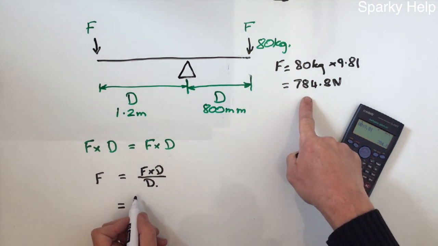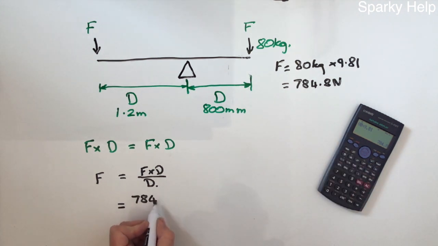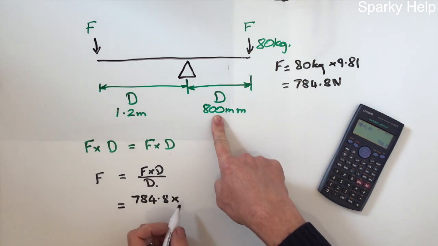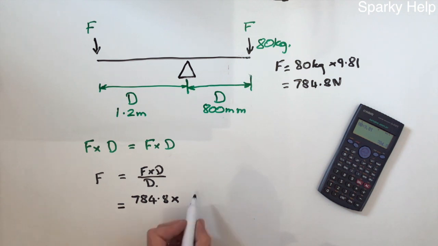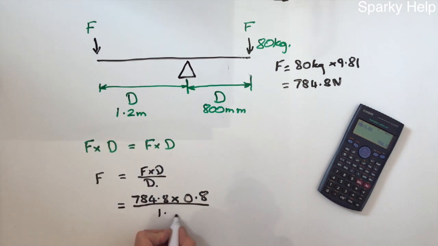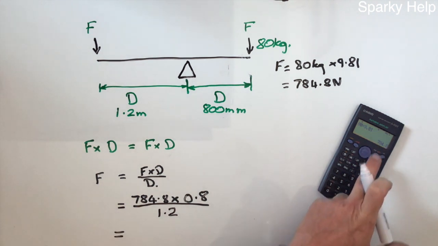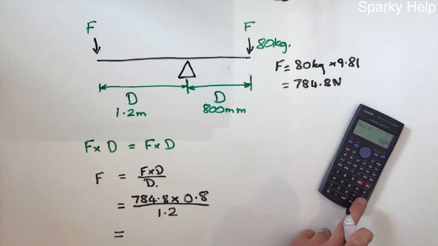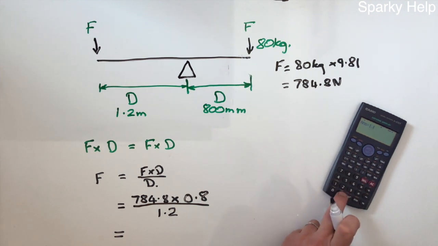So this becomes 784.8 times, and this is in millimetres, so we need to convert it to metres, 0.8, divided by the distance on the opposite side, which already is in metres. So that becomes 784.8 times 0.8, divided by 1.2.